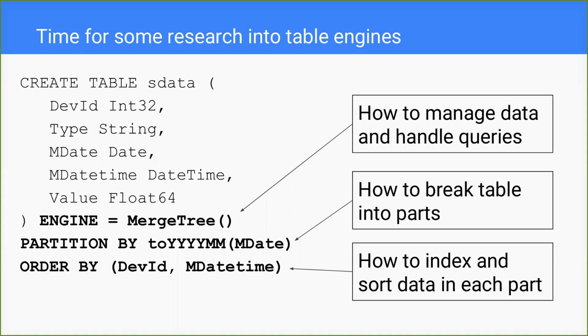There won't be just a single table object. There'll be parts which are spread out over storage, and this is one of the fundamental ways that ClickHouse supports parallelization on a single node. And then finally, there's an order by, and that tells us how we're going to sort the data within each part. ClickHouse has to pick a sort order, and it depends on this to also index the data, and we'll see how that works.